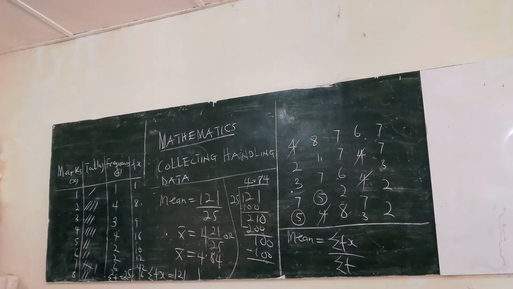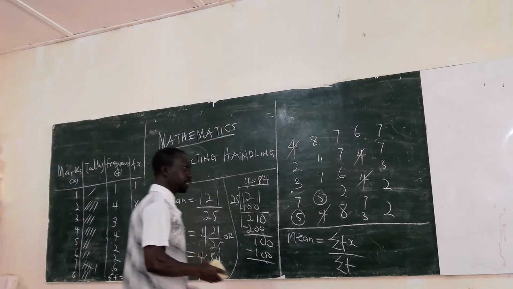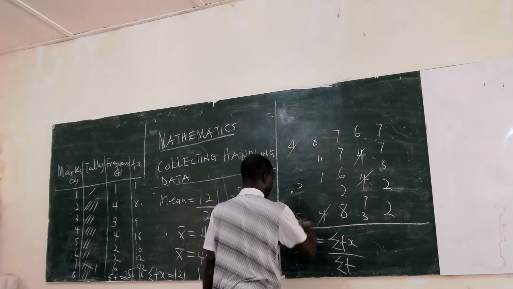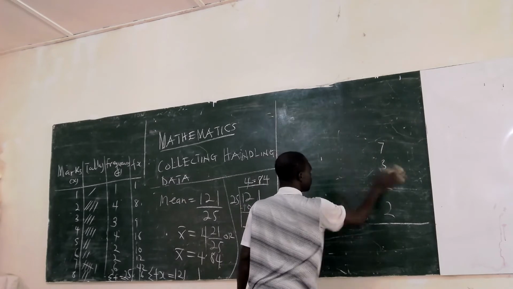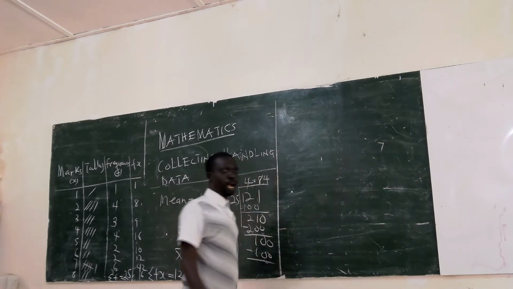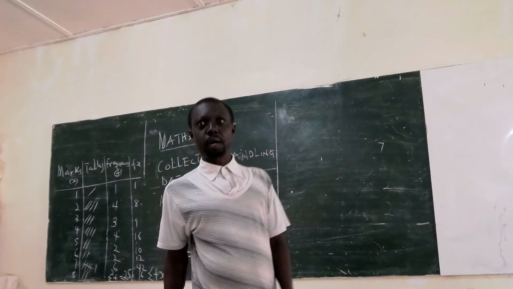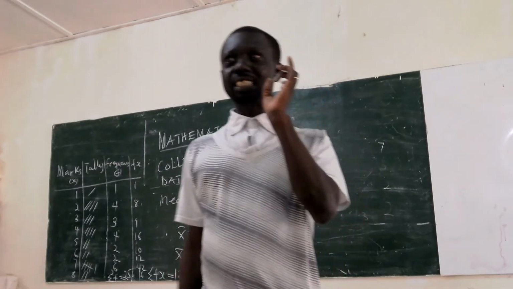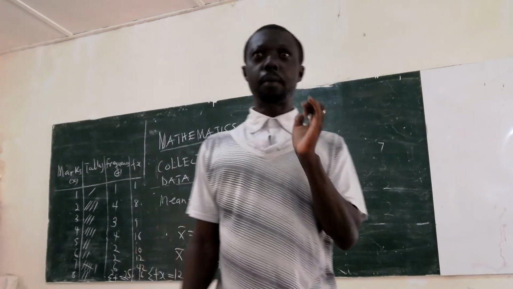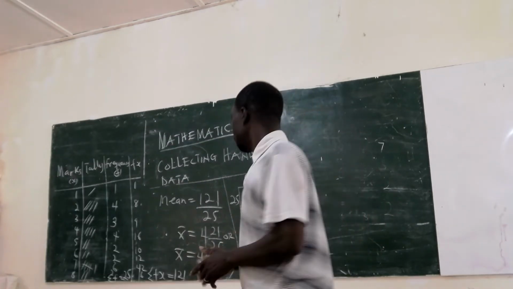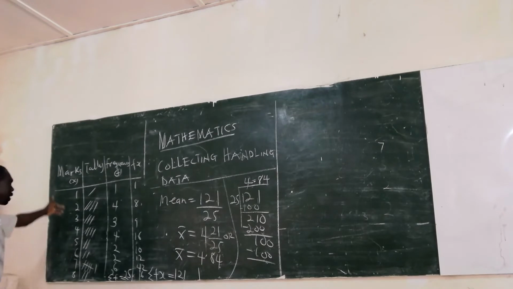So we are using the same table to find the modal mark. What is the modal mark? The modal mark is the mark which has the highest number of frequency, right? So according to the table, which of these numbers has the highest frequency?